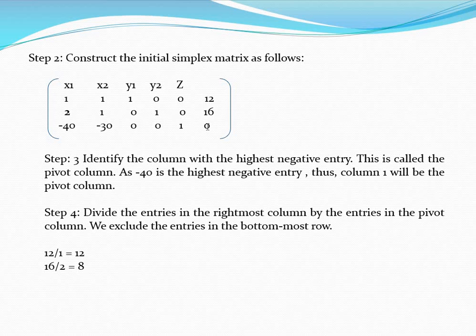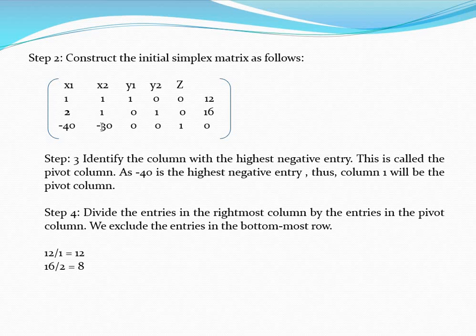We will construct, initially we have to construct a simplex matrix. In step 3, it is very important. So identify the column. Columns means the vertical things are columns and the horizontal things are rows. Identify the column with the highest negative entry. Here we are having two negative entries, one is minus 40 and one is minus 30.